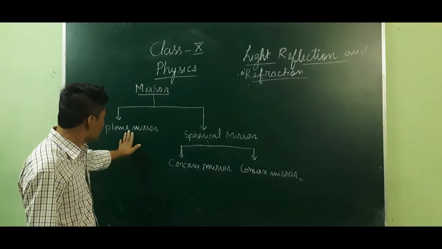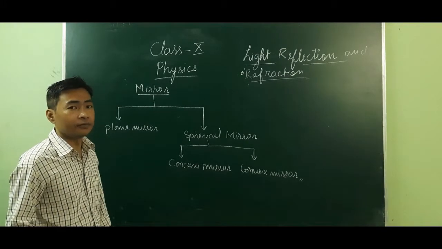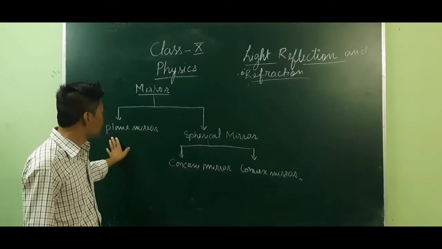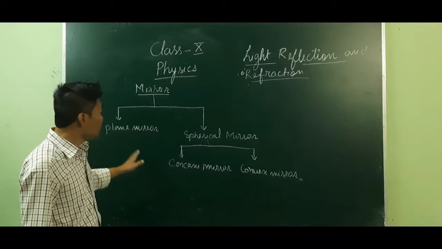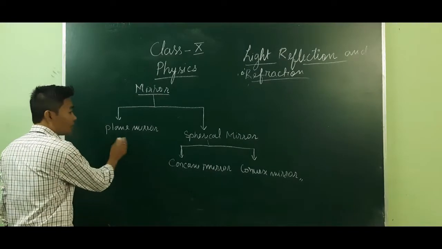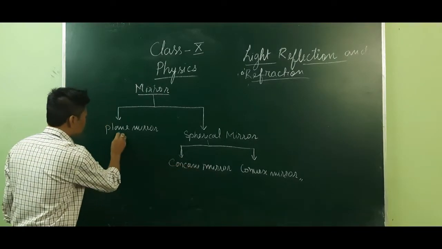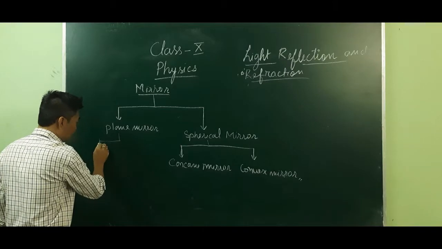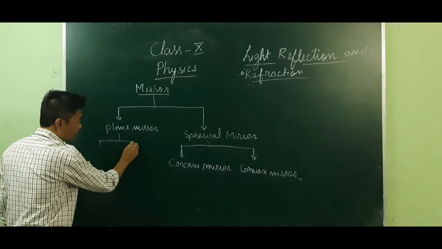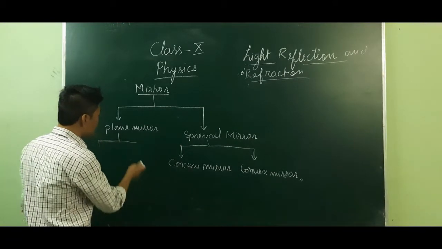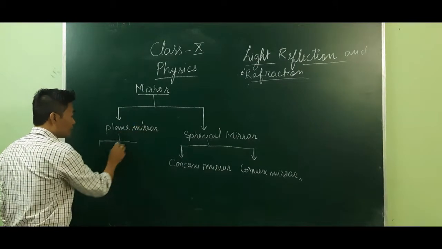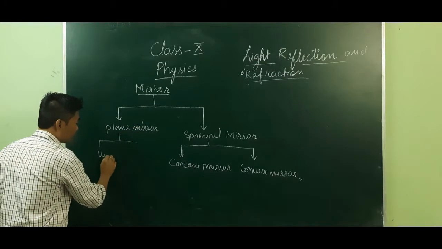So first I'll just give you some properties of the image formed by the plane mirror, and then we'll directly go to the spherical mirror. A few minutes back, I told you that the plane mirror forms an image which is a virtual image, right?